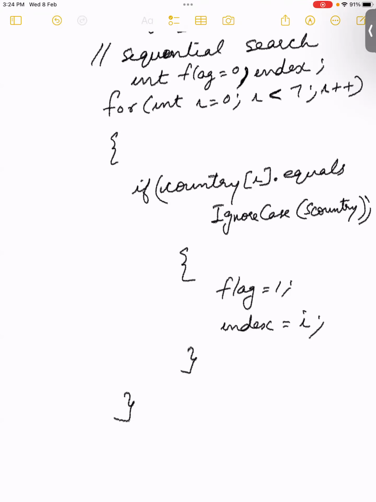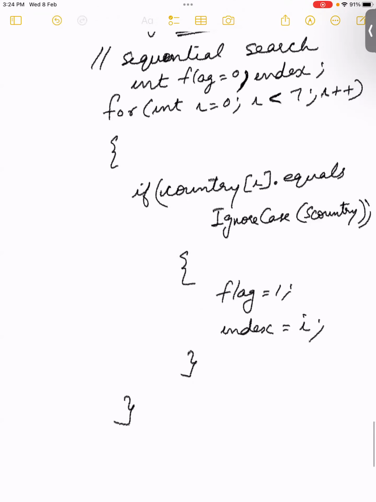So I am checking whether each of the countries in the array is matching with the country name that I have entered here. I am not using equals. If I do equals, it will not ignore the capital letter, small letter difference.